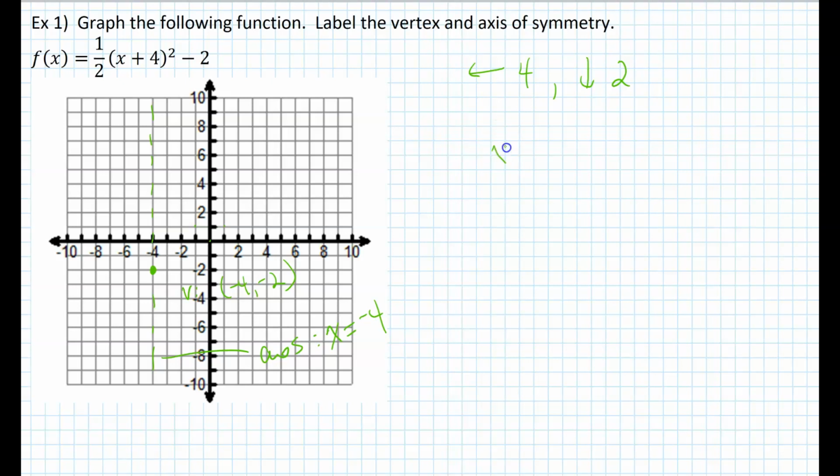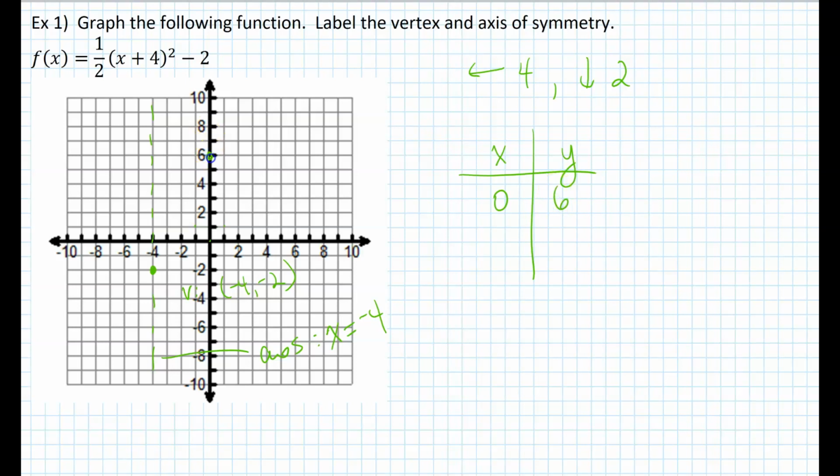Okay, so we could use the fact that we have a vertical shrink. Could we also make an XY table if we needed? Yes. So what would be some good values we would want to try? 0. Okay. If I plug in 0, I'm going to get 4 squared is 16, divided by 2 is 8, minus 2 is 6.